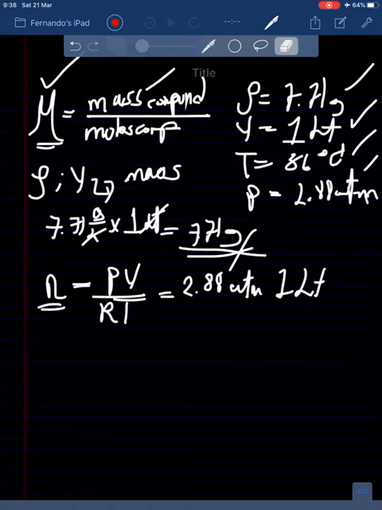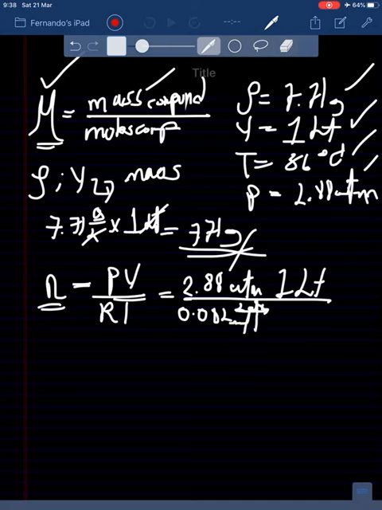Over 0.082, which is my constant of gases, liters atmospheres over mole Kelvin, times what? Well, 36 plus 273 Kelvin. So at the end, what am I going to get?